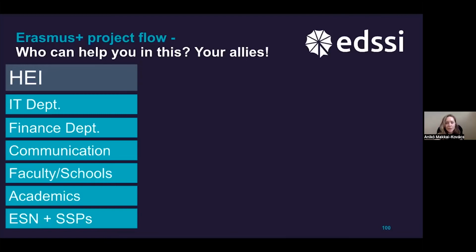The communication department can help you a lot with the PR and all of the promotional activities that you have to organize to promote the Erasmus within your institutions. The faculty and the schools should support you in your work. The academics that we often forget, but they are playing a key role.